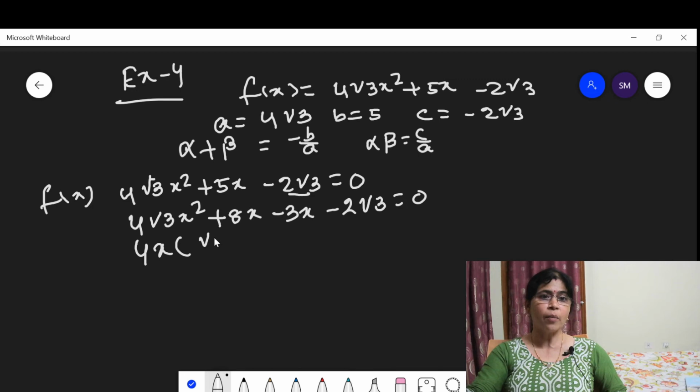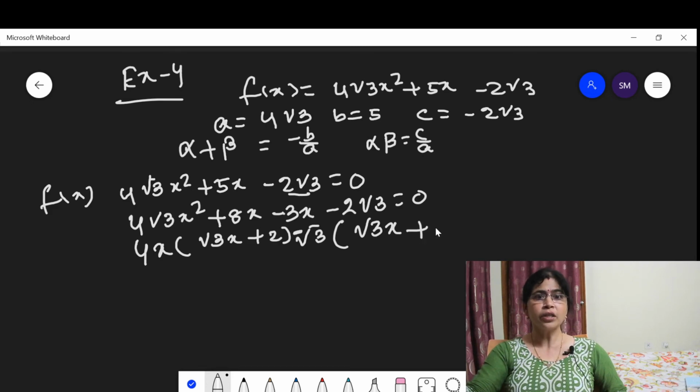When we take common 4x we get root 3x plus 2. Then also take minus root 3 common, so this is root 3x plus 2 is equal to 0.